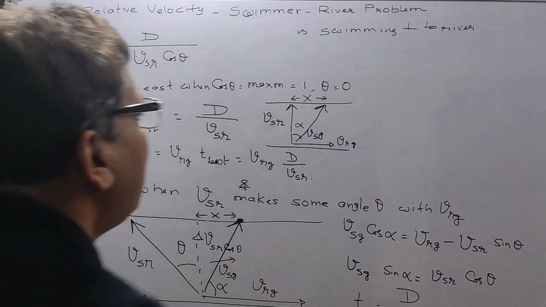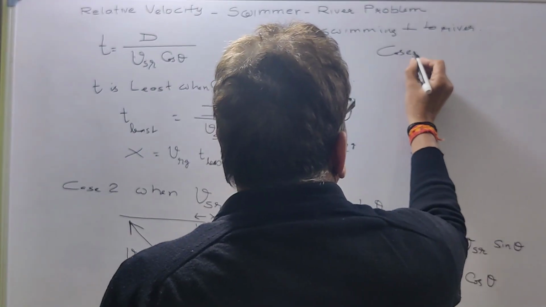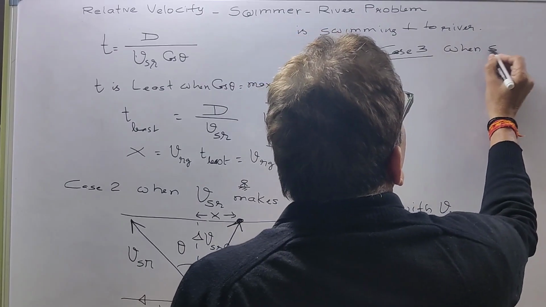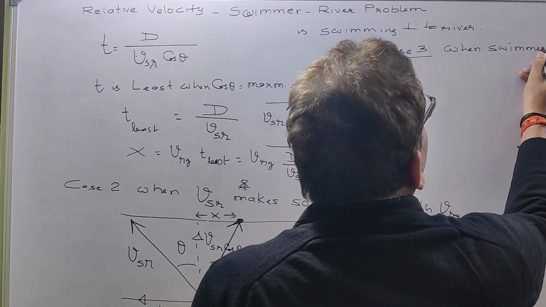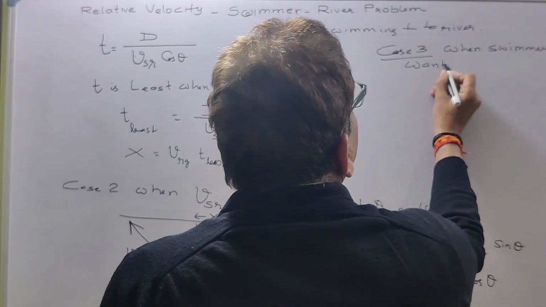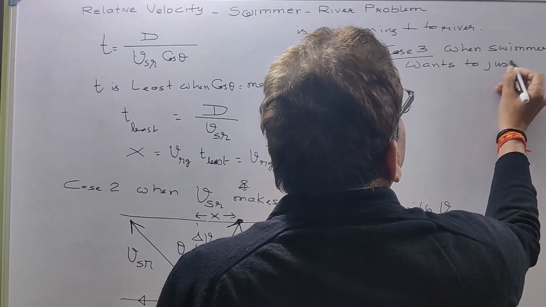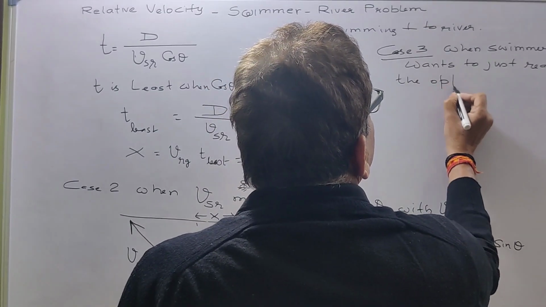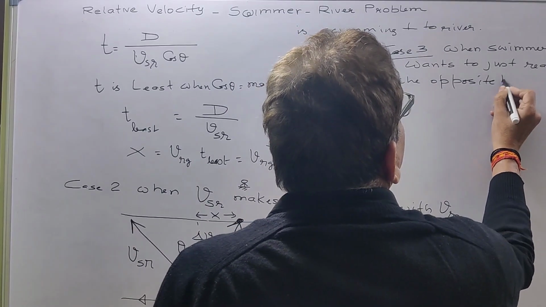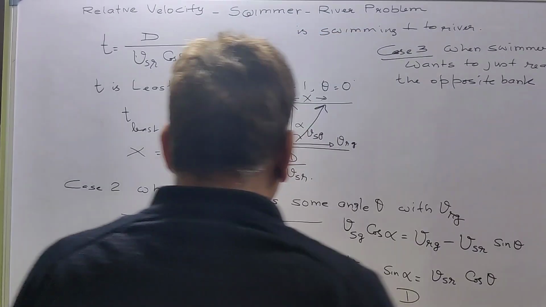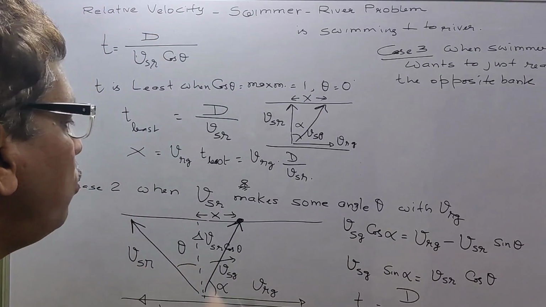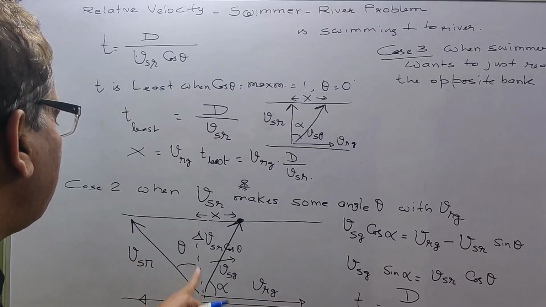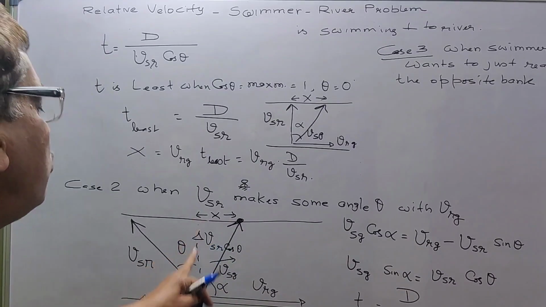Now case 3, I can take case 3, when swimmer wants to just reach the opposite bank. Just reach the opposite bank. Now if you just want to reach opposite bank, then what you will observe, this x will be 0. Now just to reach opposite bank, he should make certain angle theta with the normal to the flow of river.